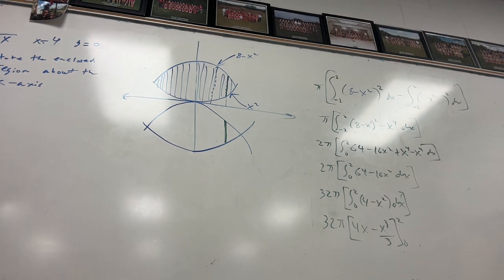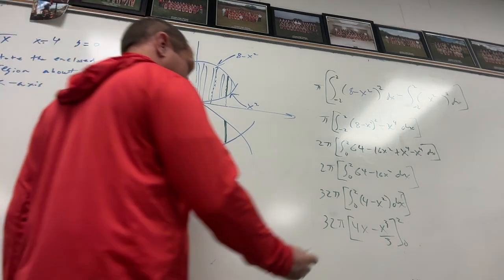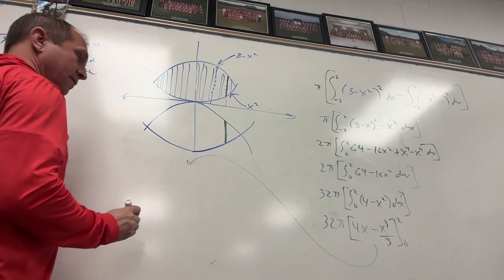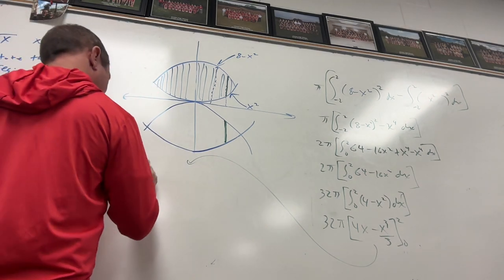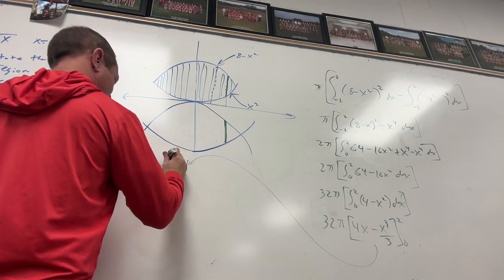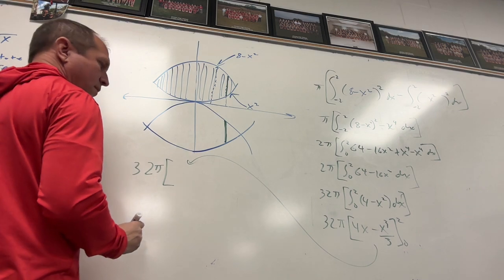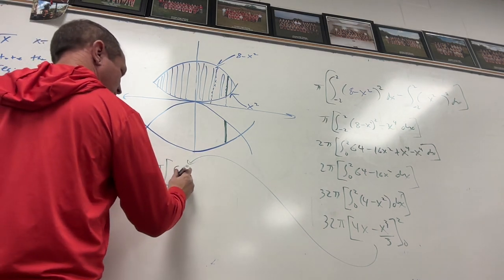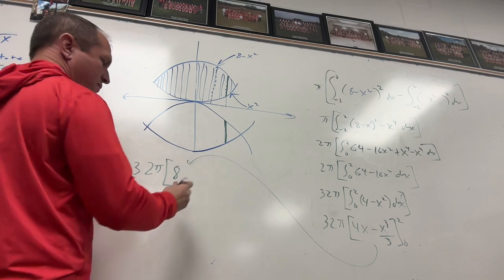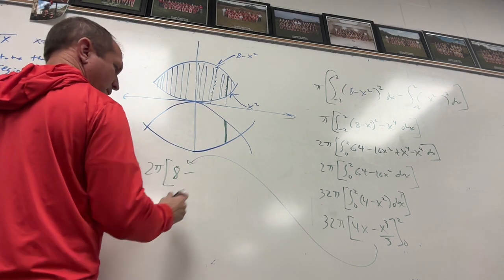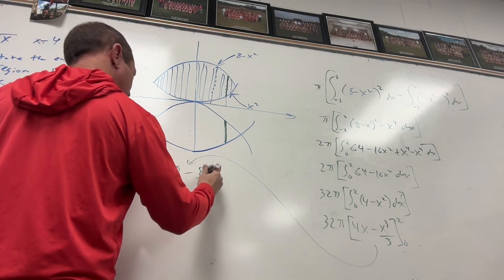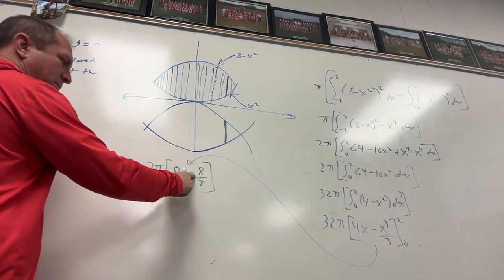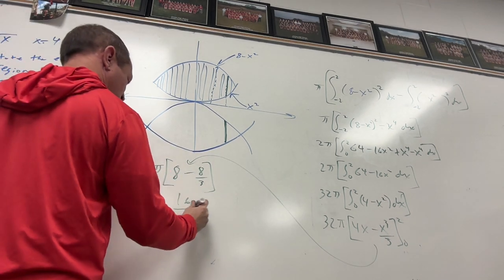All right, so let's plug in 2. 4x is 8. X cubed over 3, 8 thirds. So that becomes 24 thirds minus 8 thirds, which would be 16 thirds.